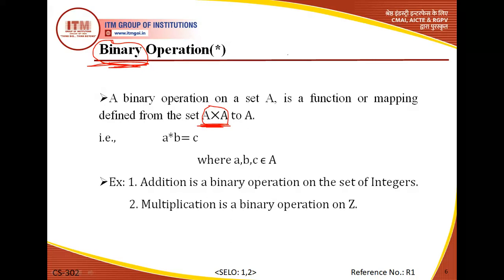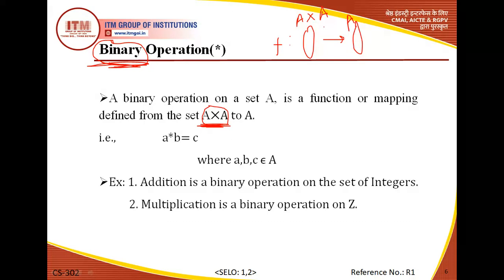So here we have a function from the cross product A cross A, and it goes up to a set called A. Basically the codomain is the same set A only.